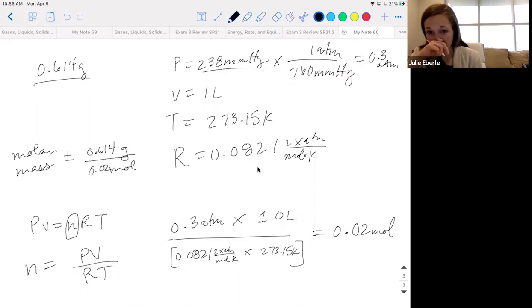So molar mass is the grams of the gas divided by the moles of gas. So what's the molar mass of this one? 0.614 divided by 0.02. And Maddie said 30.7 grams per mole.